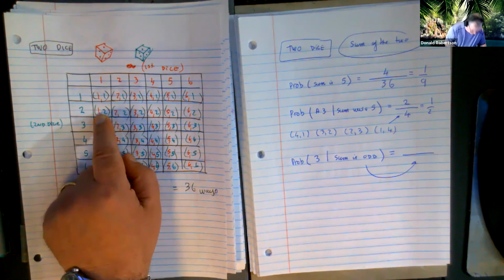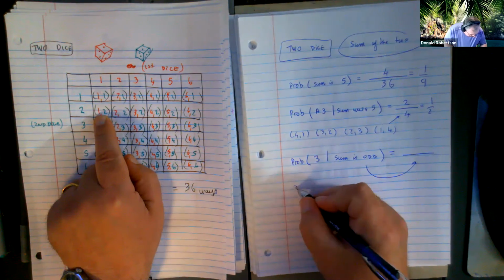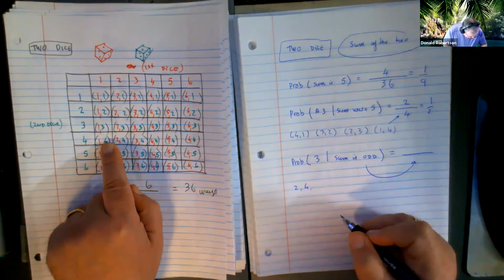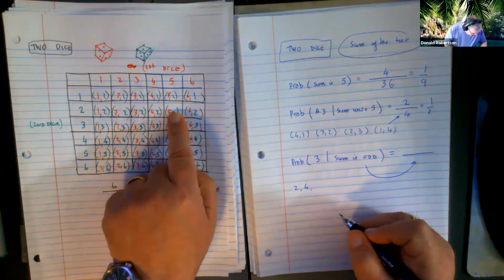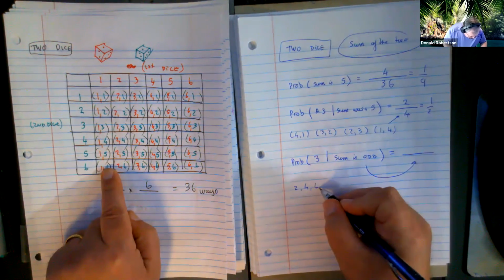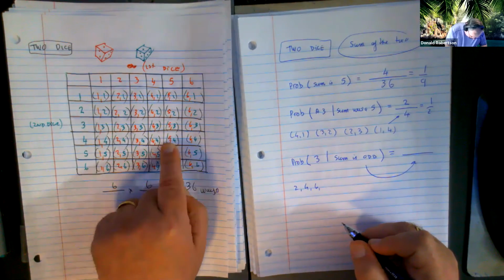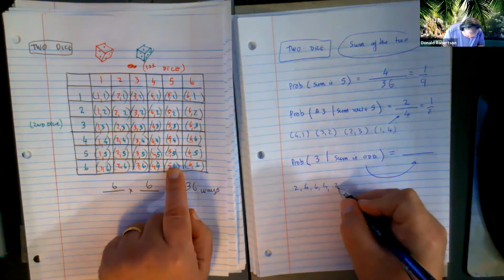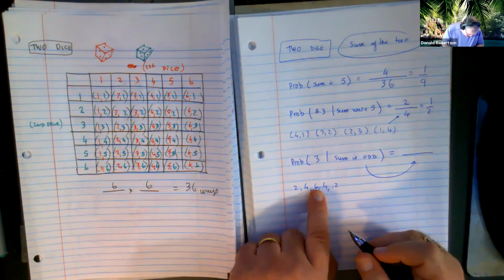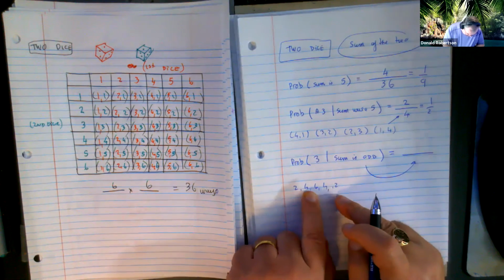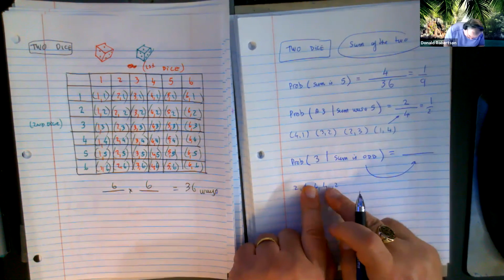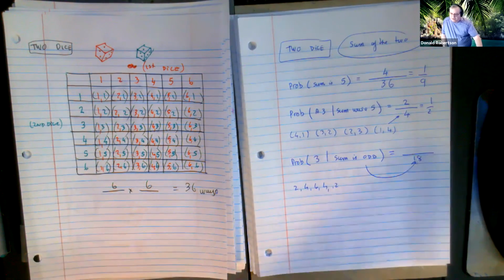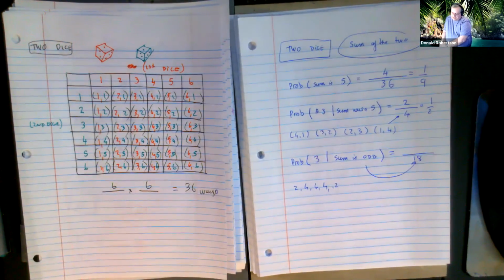So there's 2 of them. 1, 2, 3, 4 of them. 1, 2, 3, 4, 5, 6 of them. 1, 2, 3, 4 of them. And 2 of them. So that's 10, 12, 14, 16, 18. After all that hard work, there are 18 different things in that table that have a sum that's odd.